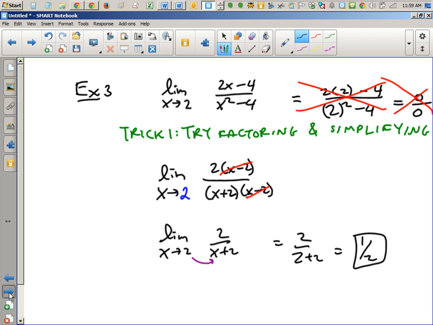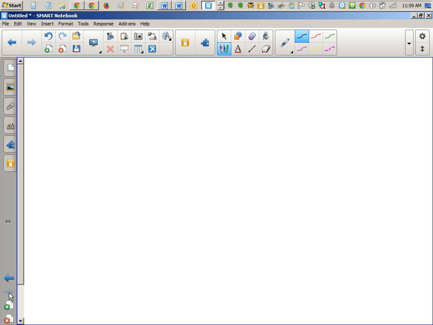Let's look at the next problem. Example 4. Let's say you're given the limit as x approaches 9 of square root of x minus 3 all over x minus 9. What's the first thing we always try?